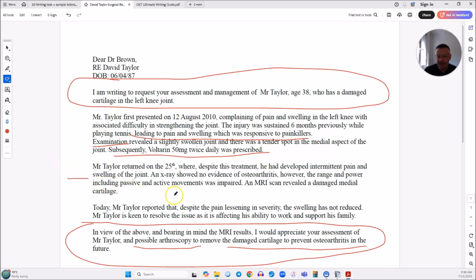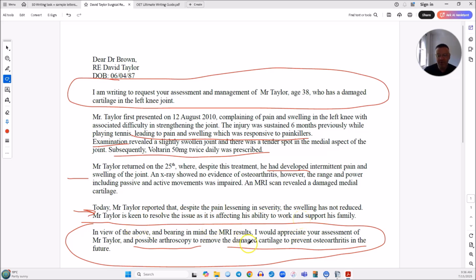Second visit. Despite treatment, past perfect, that's good, he had developed intermittent pain and swelling of the joint. X-ray showed no evidence of abnormality. Range of movement was impaired. MRI scan revealed a damaged medial cartilage. Today's visit, the final visit. Despite the pain relief, the swelling has not gone down. He is keen to resolve the issue because he's a gardener, like a landscaper, but still.